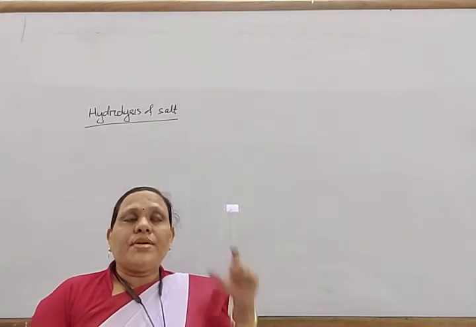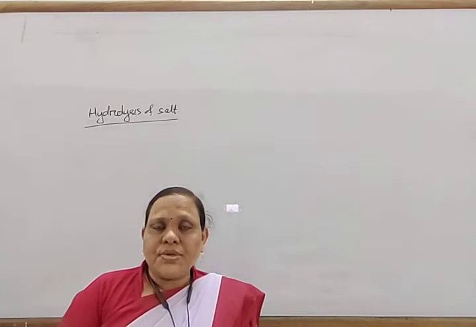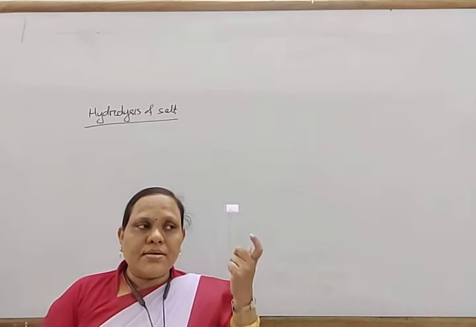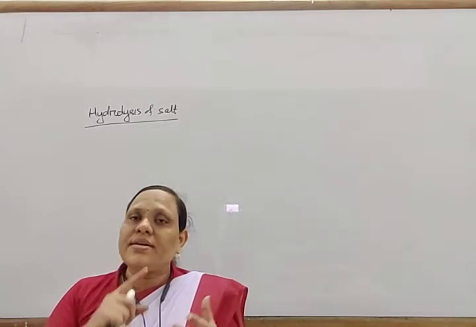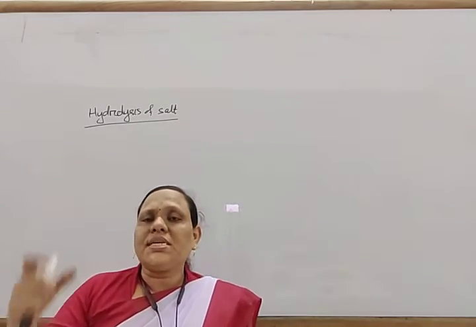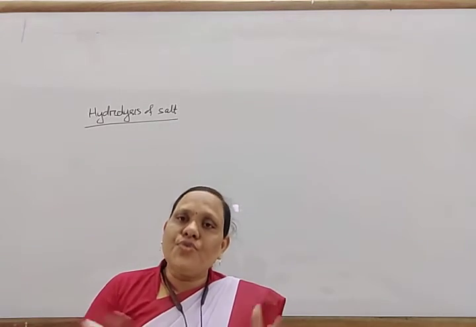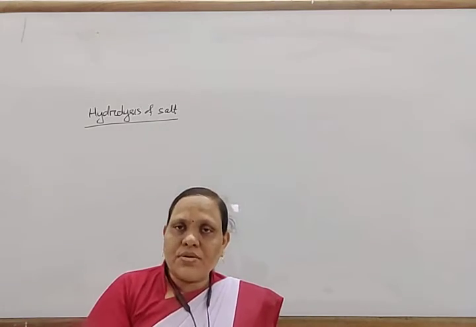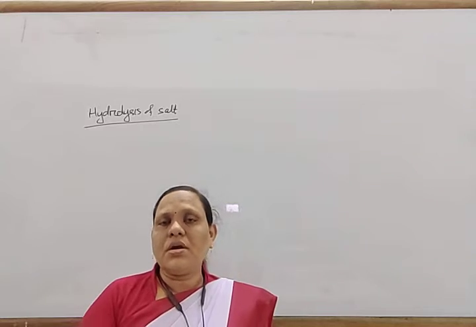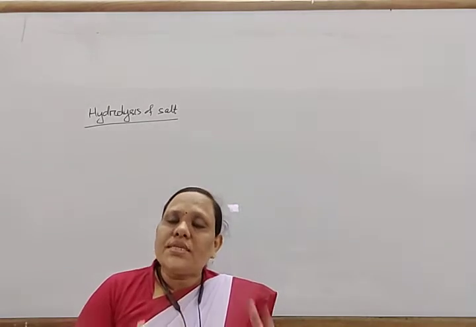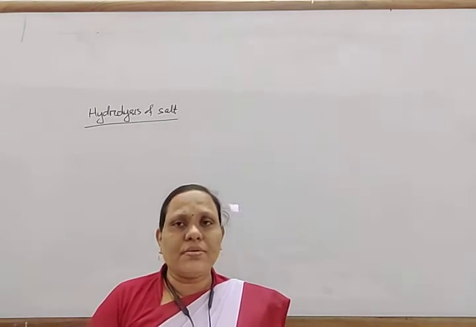In this way, whenever the ions of a salt combine with the oppositely charged ions of water to form either an acidic, basic or neutral solution, that is known as the hydrolysis of salt.